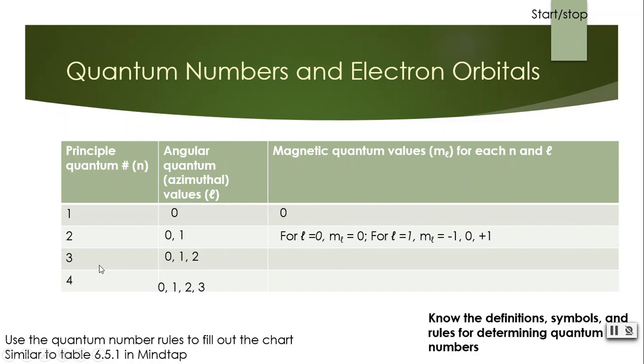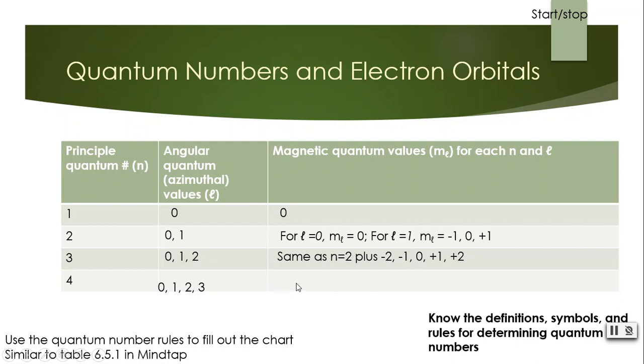Similarly, when we get to n equal to 3, we have 3 L values to take care of: 0, 1, and 2. So my magnetic quantum values are going to be the same as for n equals 2, but I'm also going to have ones associated with L equal to 2, specifically negative 2, negative 1, 0, 1, and 2.